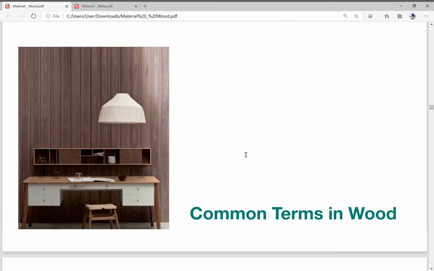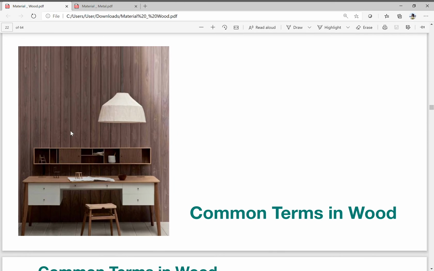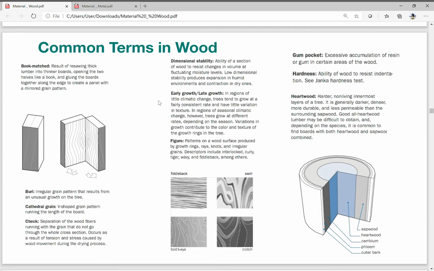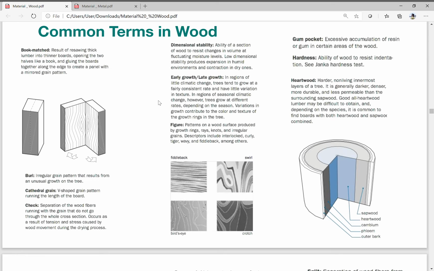Okay, so this is an example of how wood is applied in wall panels and in your furniture. So you have your common terms. I won't be going into them, since these are most likely a glossary which you can take into consideration, or take to heart, whenever we discuss wood.